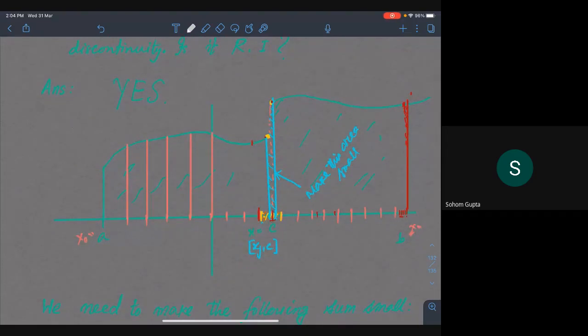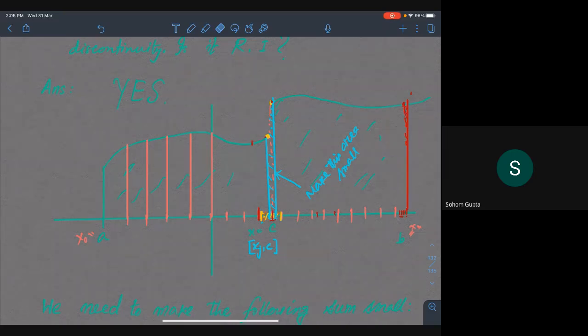The idea is that on the point of discontinuity, you make the subinterval which creates the partition very small, as small as you please, and for the rest you have the usual partition. That is the main idea.